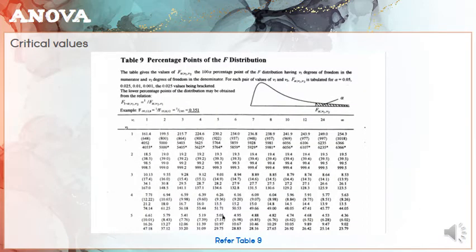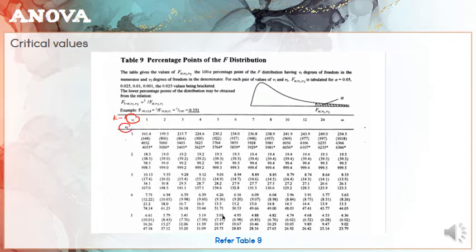Okay, so this is your F table. I took a screenshot from your statistical table. So you can see from here, it has V1, degree of freedom for numerator. This is K minus 1.